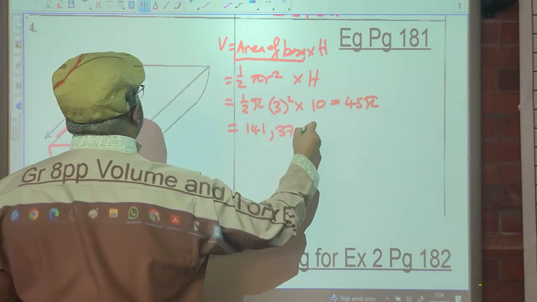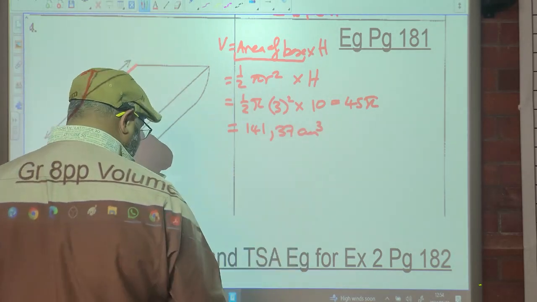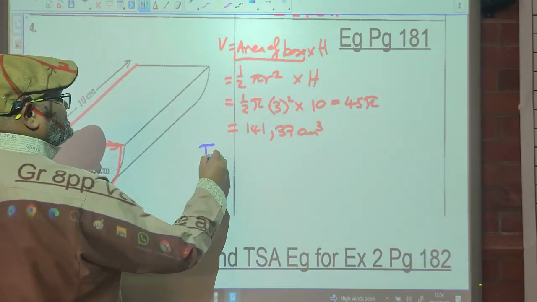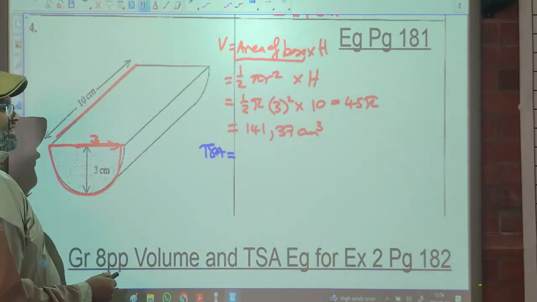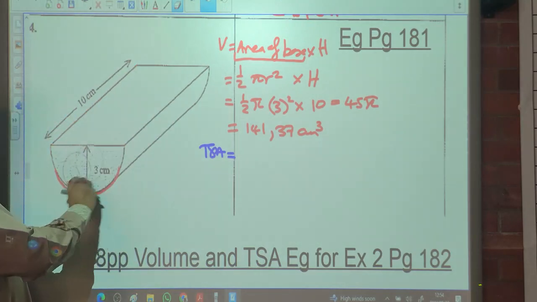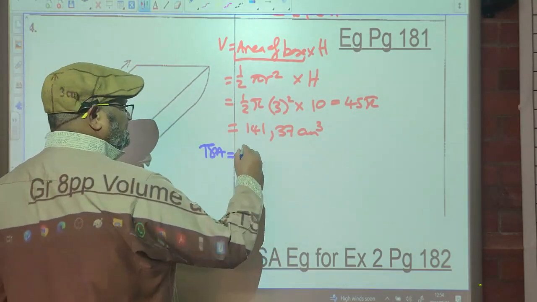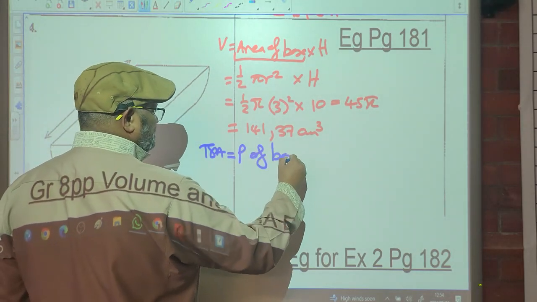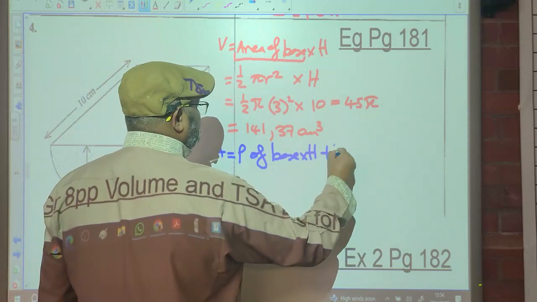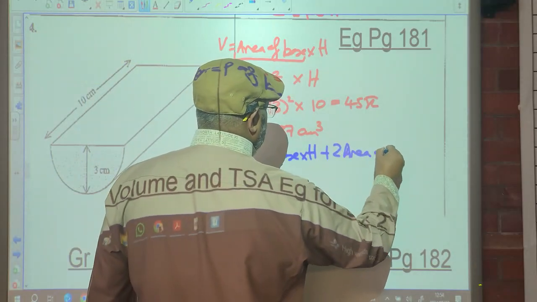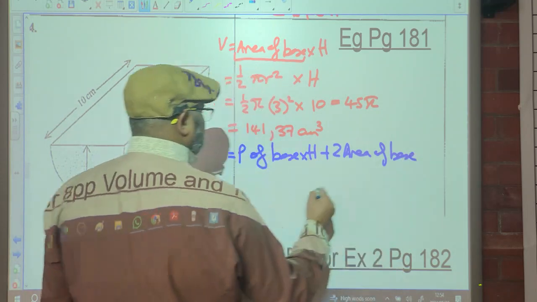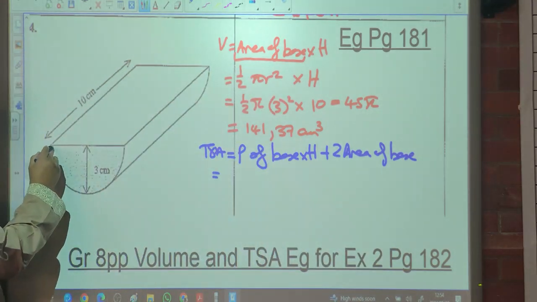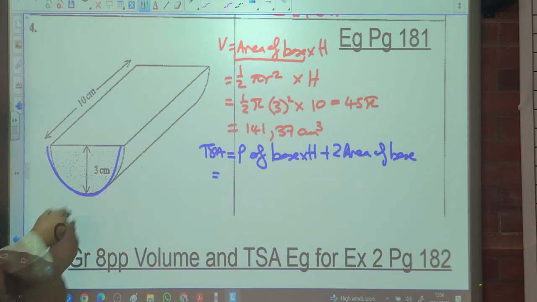141,37 centimeters cubed. Let's look at the total surface area. Now the total surface area is going to be perimeter of base times height plus twice area of base. So the perimeter of this is going to be a semicircle. Can you see that, people?